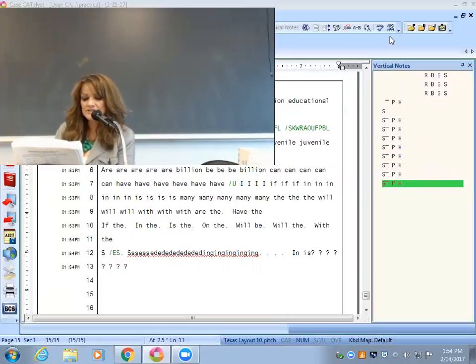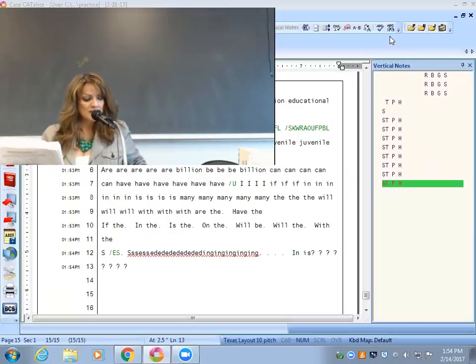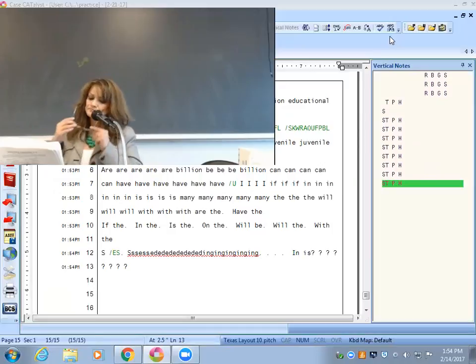Okay? And so now we have a list of high frequency words written out. So I would just write them as I'm dictating them. Am is AM.